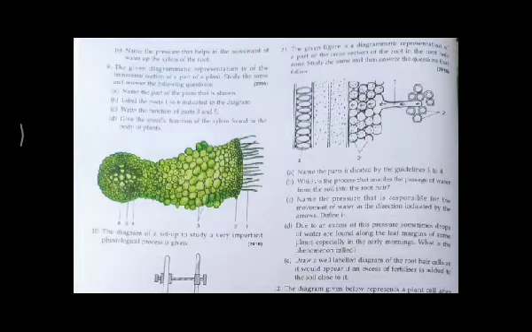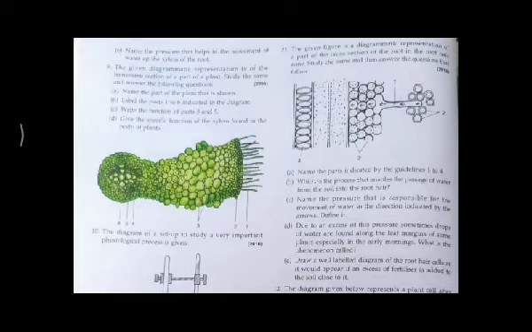In the dicot root, the vascular bundles are arranged in a ring, while in the monocot root, they are scattered in the entire cortex region. So here you have to write: this is a transverse section of a dicot root.